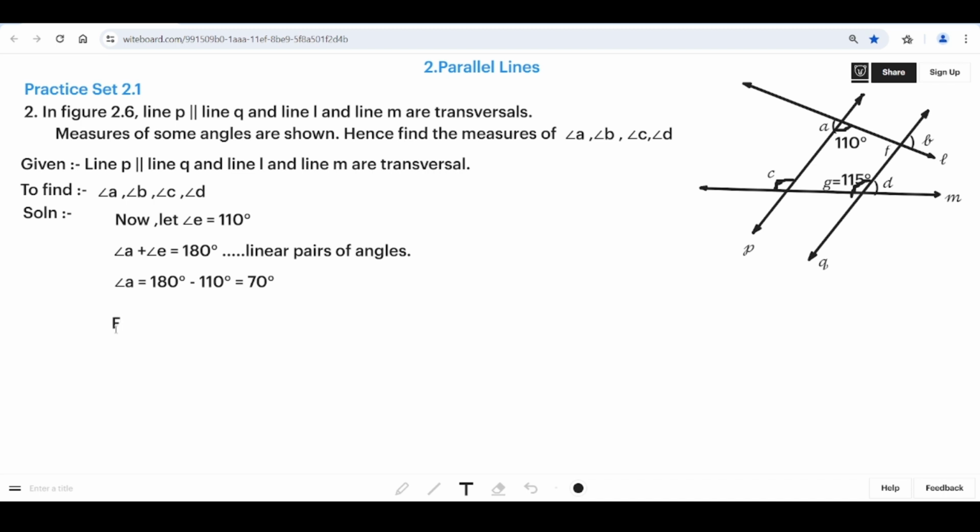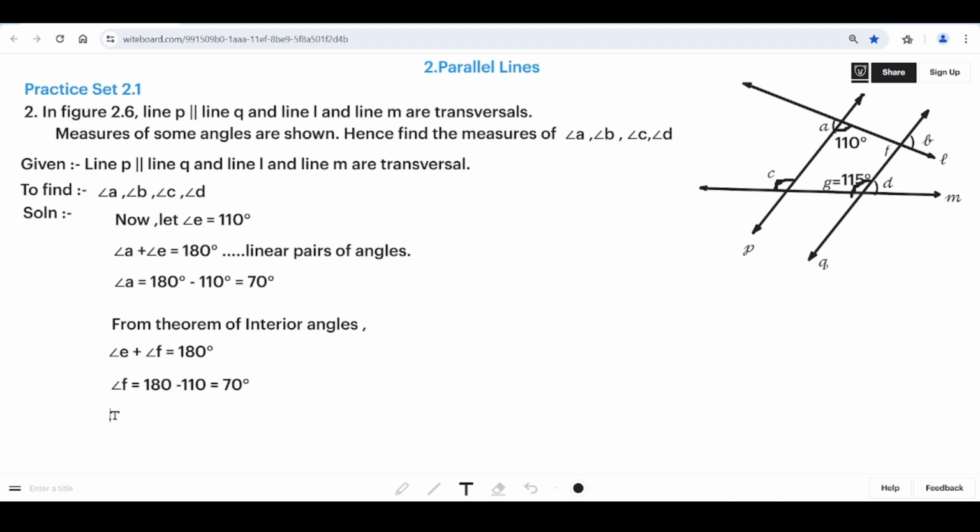So from the theorem of interior angles, we can say that angle E plus angle F is equal to 180 degrees. Therefore angle F is equal to 180 minus E, which is 110, and that is equal to 70 degrees.